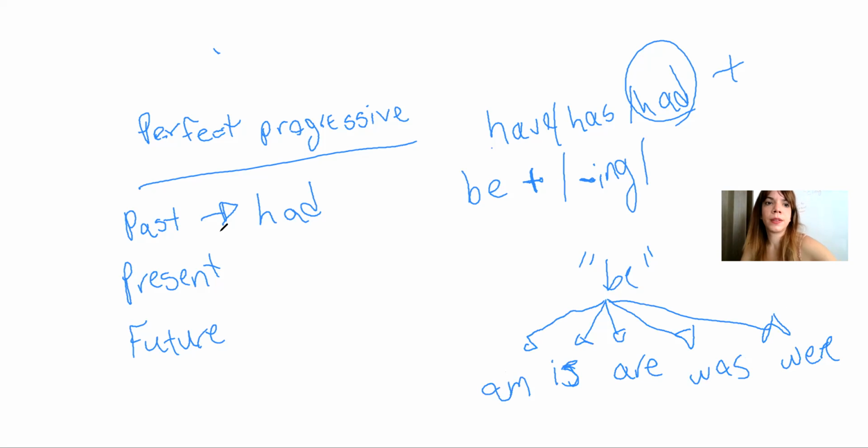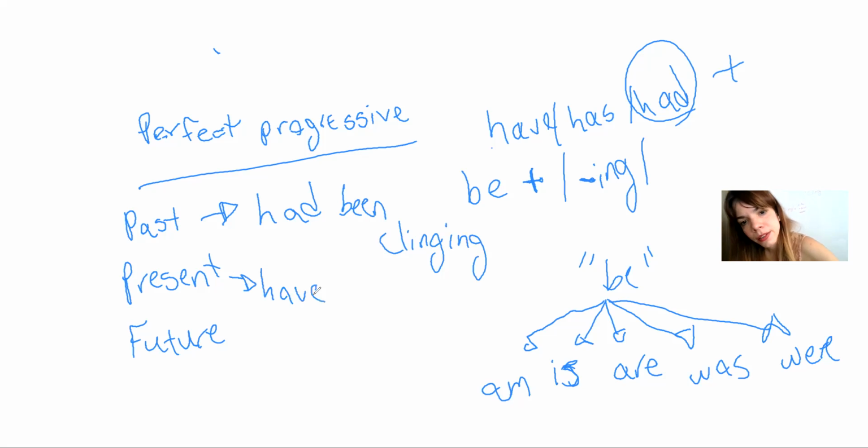So past perfect progressive: I had been clinging. Present perfect progressive: I have been clinging.